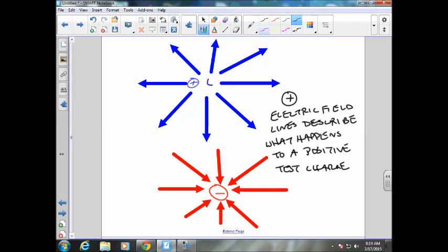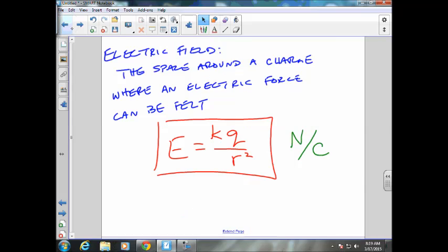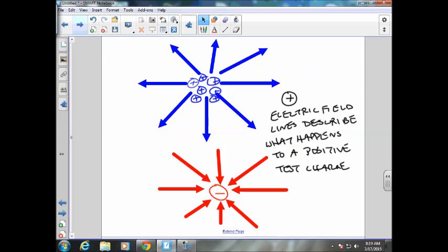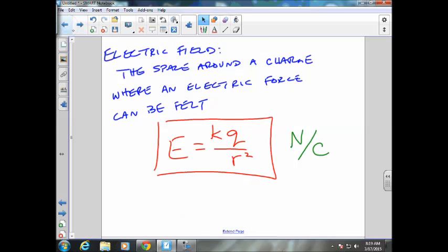Let's put another positive charge in, and another positive charge in, and another positive. Let's put a whole lot of positive charges in here. What will all that extra charge do to the value of our electric field? Will the electric field value increase, decrease, or stay the same with more charge? 7 times as much charge, the electric field will be 7 times stronger.